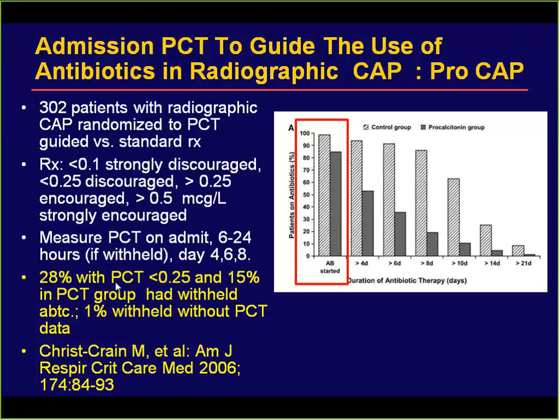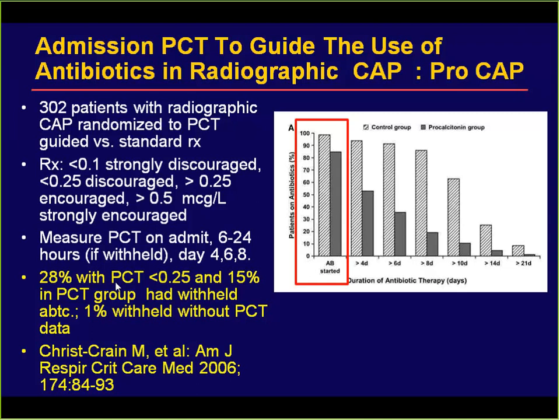And that, to me, was a startling number, because I couldn't imagine even 5% of the people that I see with lung infiltrates that I wouldn't give antibiotics to and would feel comfortable with that. But in 15% of the people with radiographic pneumonia, they withheld antibiotics. When they didn't measure procalcitonin, they withheld antibiotics in 1%, and the outcomes, as it turned out, were comparable in both groups.